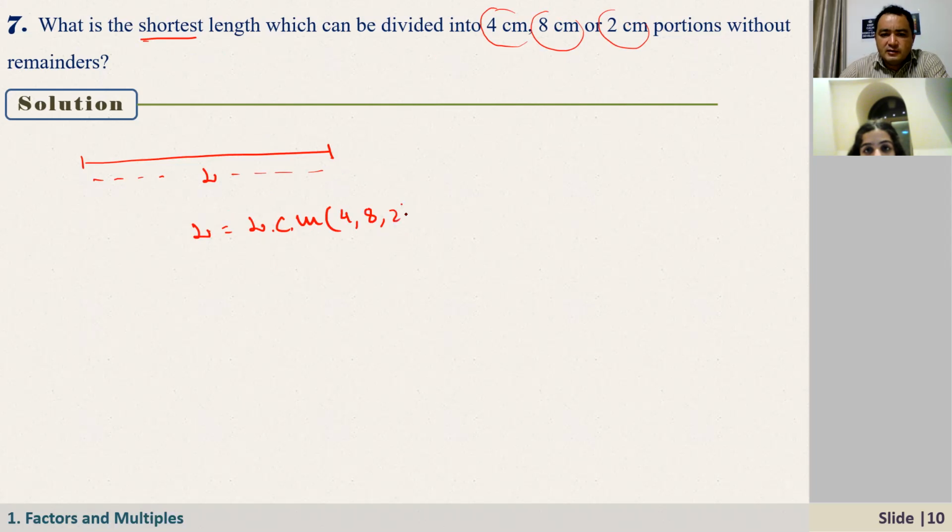L must be the least common multiple of 4, 8, and 2. What is it? 32. Are you sure? Maybe 28. What is the least common multiple of 4, 8, and 2? How about 8?